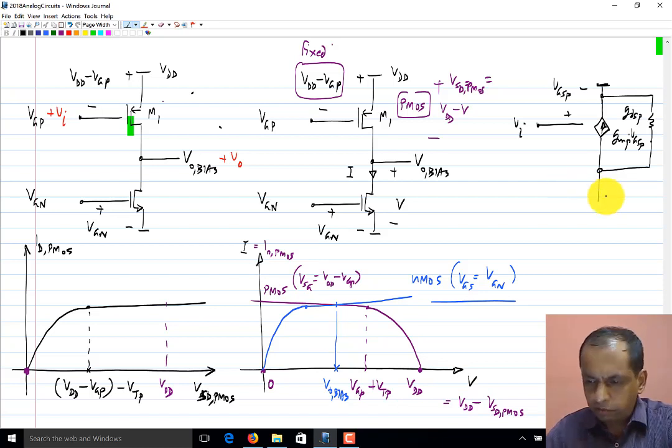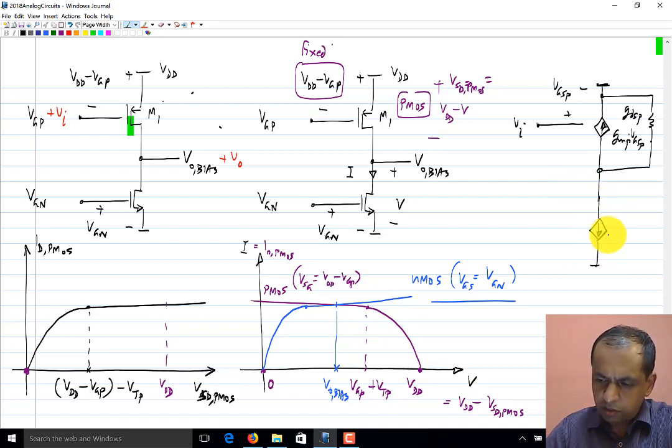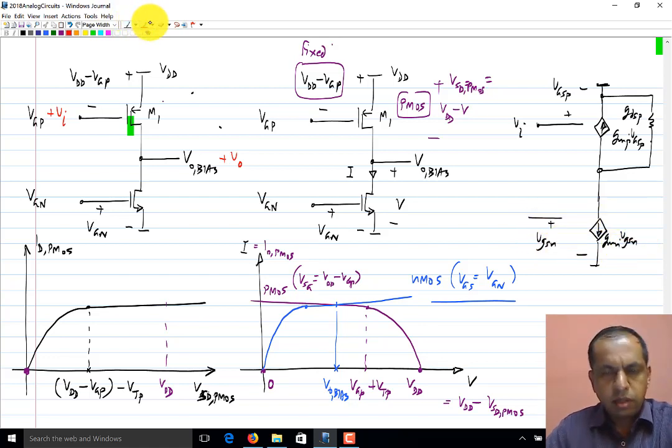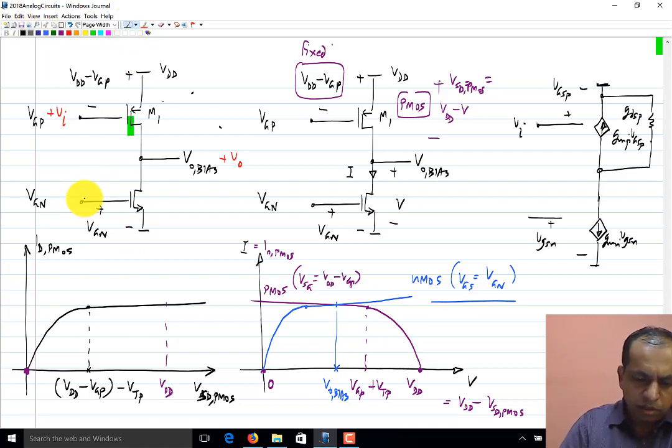The incremental equivalent of the NMOS transistor, what is it? It is GMN times VGSN, where VGSN is the incremental voltage between the gate and source of the NMOS transistor. Now this VGN is a fixed bias voltage. Okay, so this is VGN.